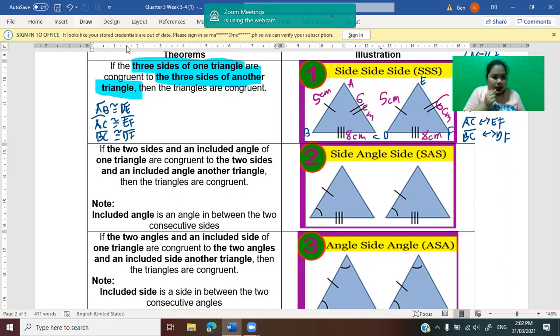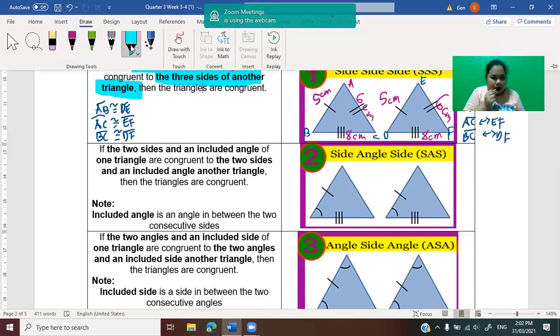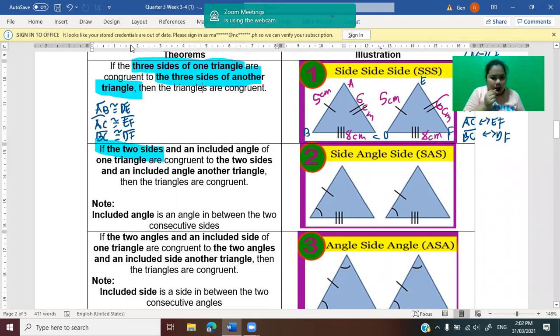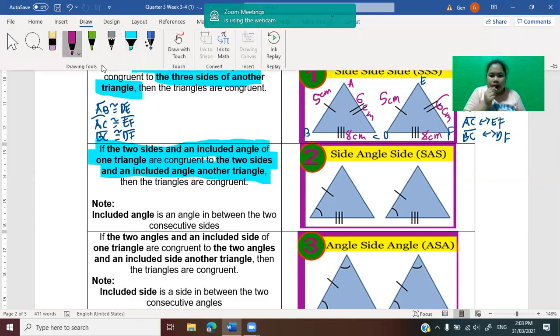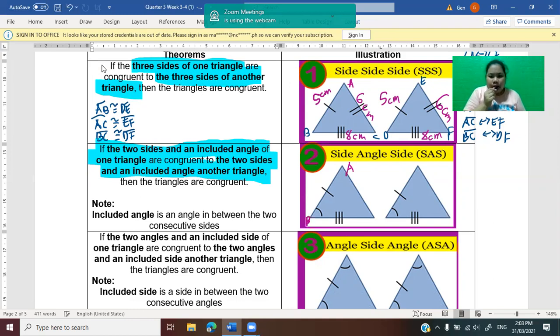So for SAS congruence theorem, we have if the two sides and an included angle of one triangle are congruent to the two sides and an included angle of another triangle, then the triangles are congruent. So this is the illustration of SAS. So let's name them ABC, DEF.